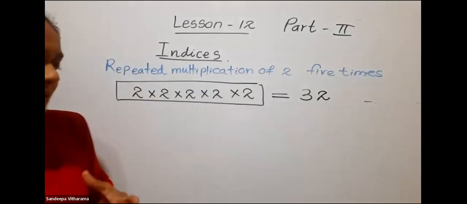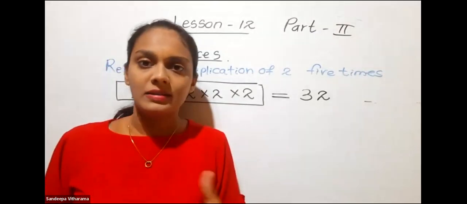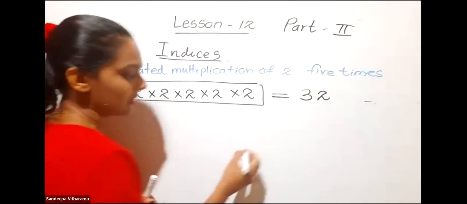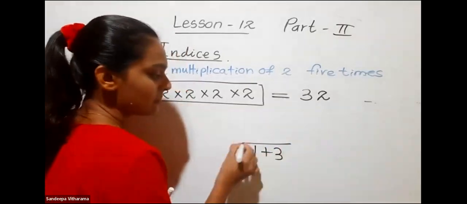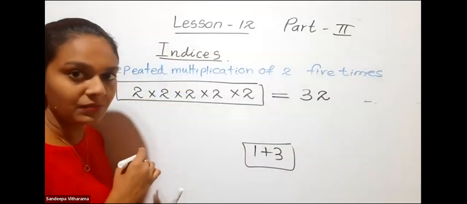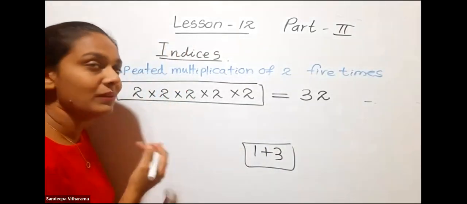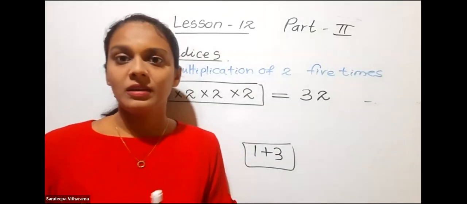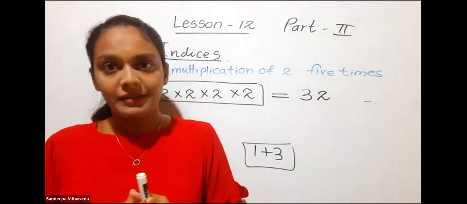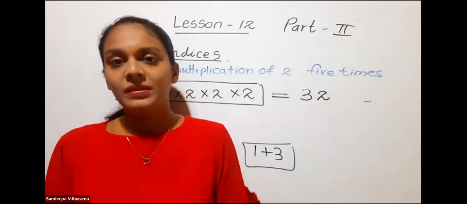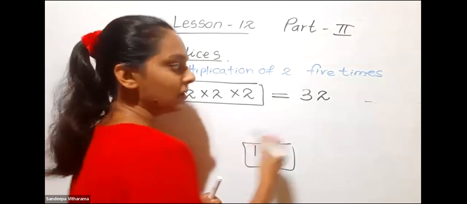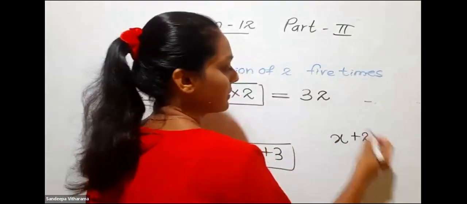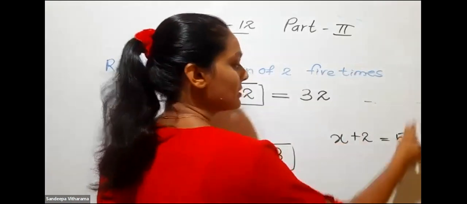Then you may think I said that 1 is added to 3. It is expressed by such kind of expression. And you may think that there is an unknown amount of toffee. When 2 toffees are added, then it is equal to 5. Then the unknown number of toffees, I take it as x. Then when 2 toffees are added, it is equal to 5.